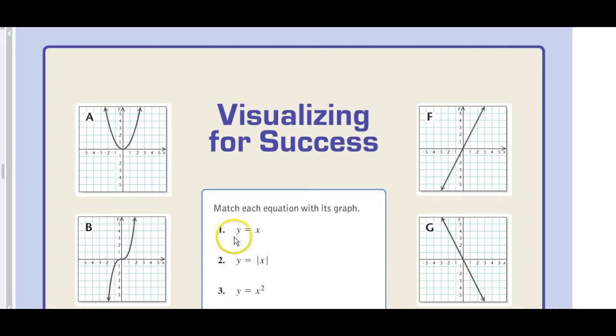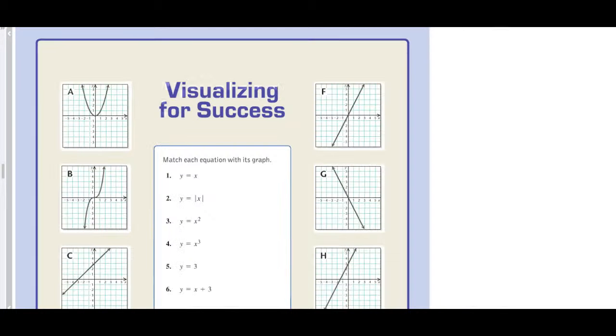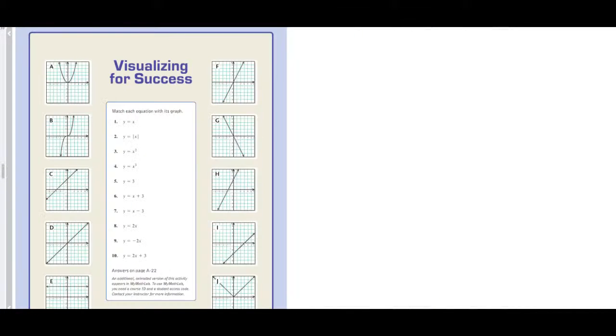So part of it is to take a look, and if I make it smaller so you can see everything on one page, then you can't read it. But you have 10 graphs and you have 10 formulas, and you are to try to match them up.